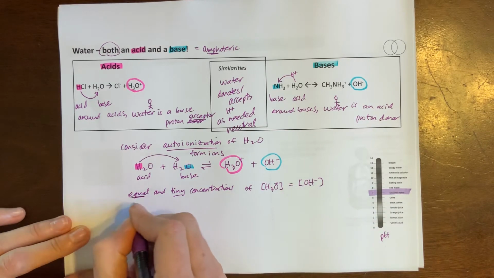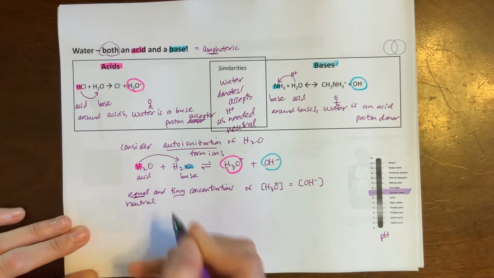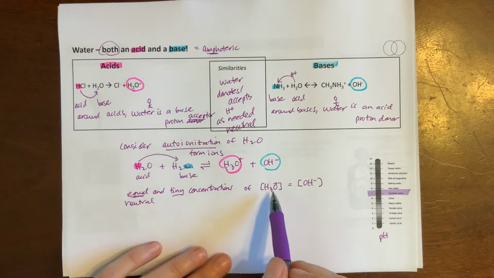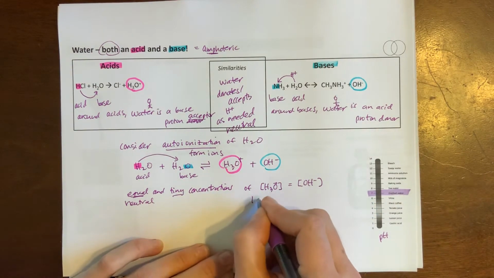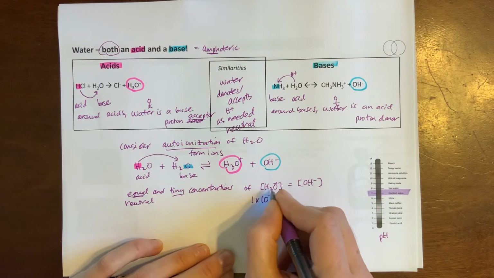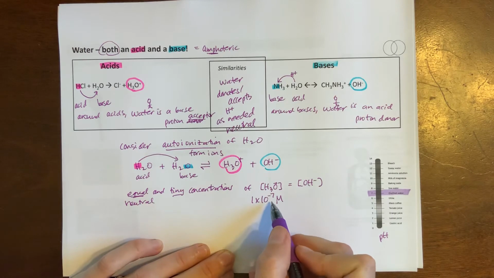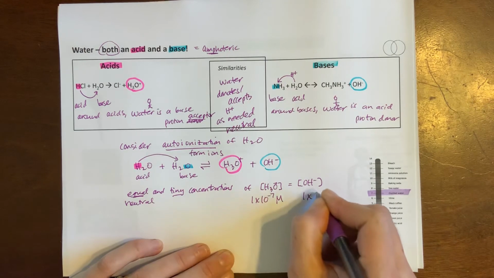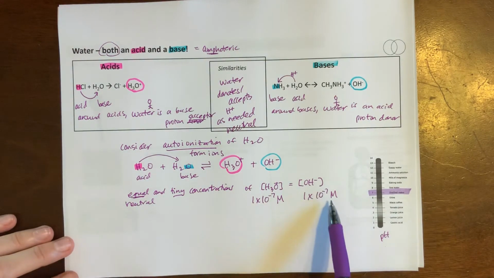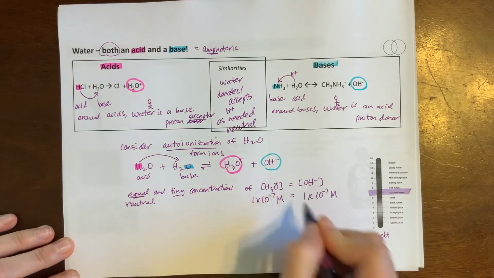Because they're equal, that means that this is also considered a neutral solution, which makes sense, right? We think of water being neutral. And if I look at the numbers for these concentrations, if I measure them, this is going to be 1 × 10⁻⁷ molarity of acid, which is tiny, tiny, tiny, right? If you move that decimal over, and it has to be exactly the same for the hydroxide. So again, a tiny concentration, but they're equal to each other.